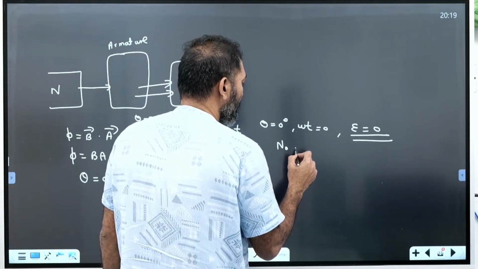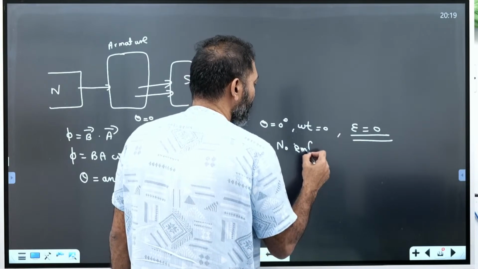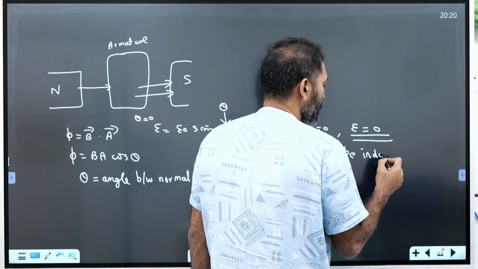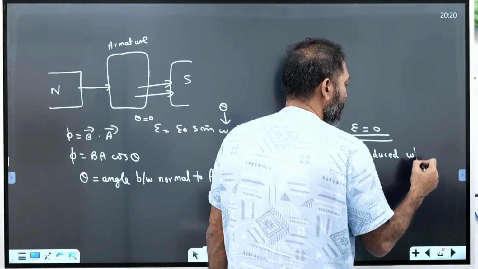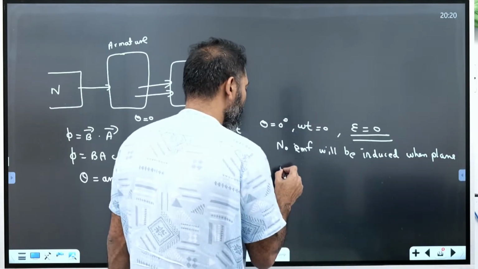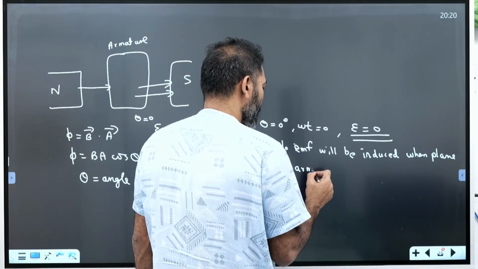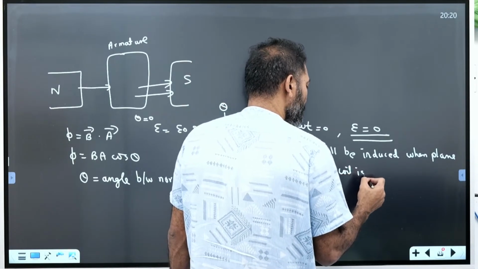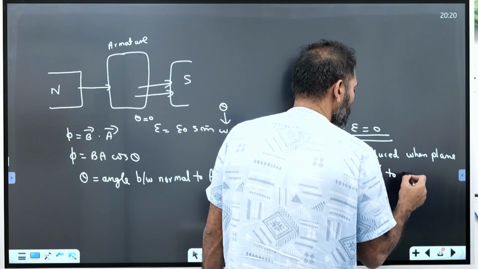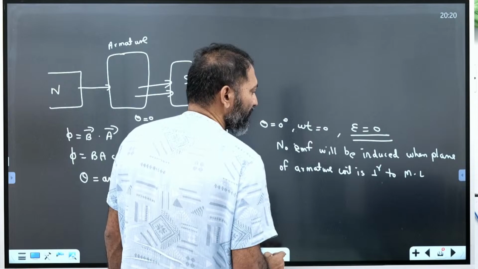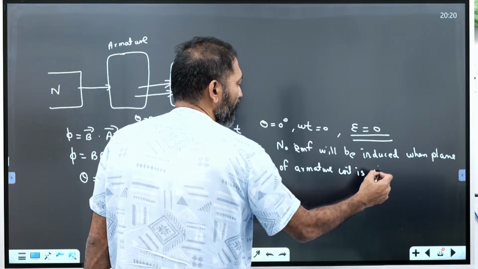No EMF will be induced when the plane of the armature coil is perpendicular to the magnetic lines of force, or you can simply say when the plane of the armature coil is perpendicular.